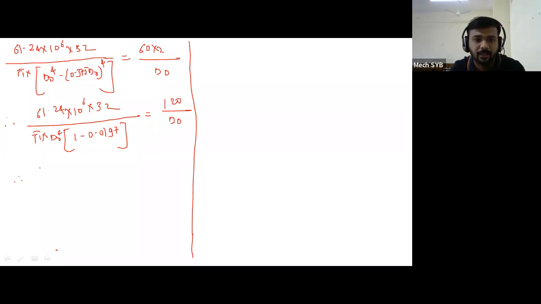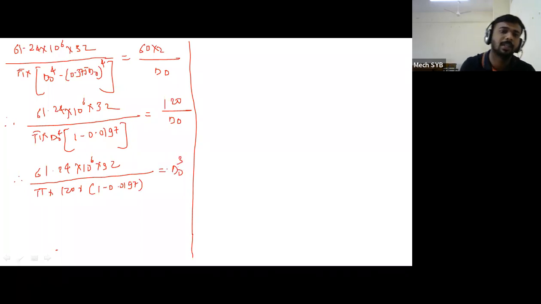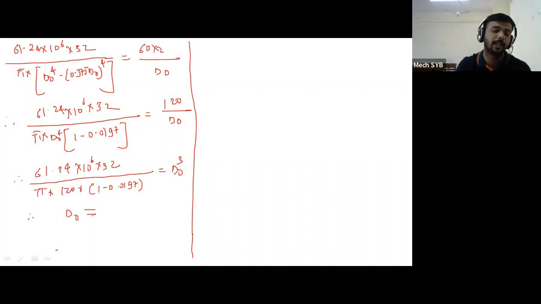That is 61.24 into 10 raised to 6 into 32 divided by pi into 120 into 1 minus 0.0197 into D0 cube. You will get the equation in this form because D0 raised to 4, if taken to this side, will be at the numerator side. Then D0 raised to 4 divided by D0 you will get D0 cube, and by taking the cube root you will get the D0 answer.